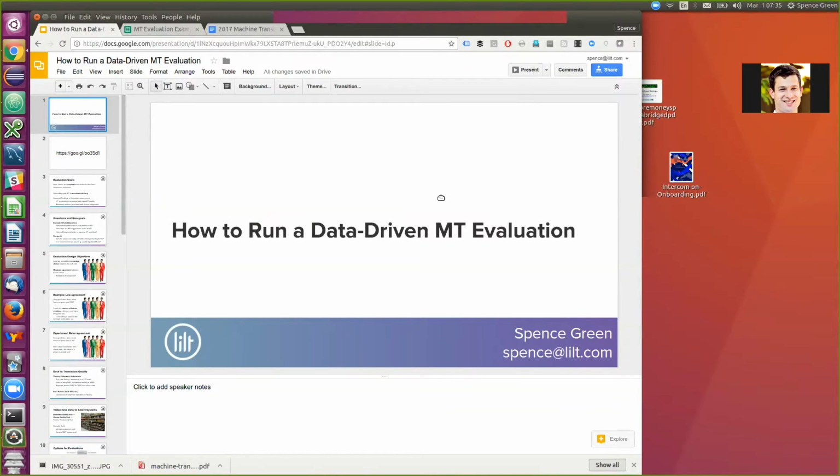So let's see, a little bit of background on me. Before starting at Lilt, I was a grad student at Stanford and worked on machine translation for a long time, 6.5 years. And this company is sort of an outgrowth of that work that we were doing in grad school.